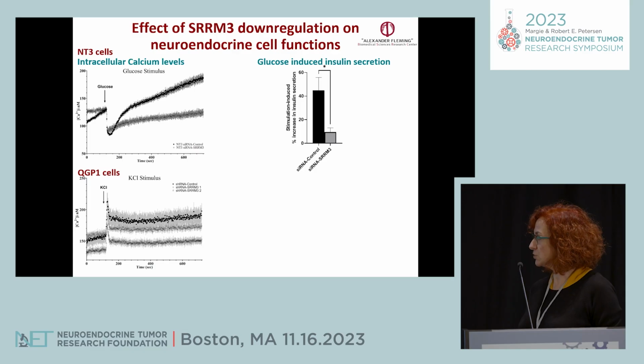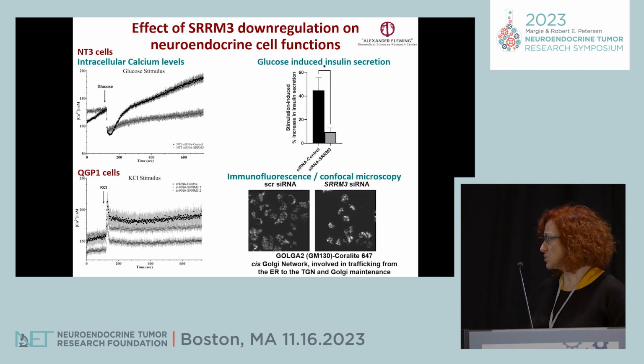And I just have some first results that show that upon SRM3 downregulation, the intracellular calcium levels upon glucose induction are reduced compared to the wild type, the non-treated cells, and that the cells upon SRM3 downregulation secrete less insulin.